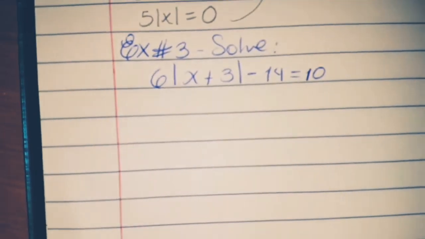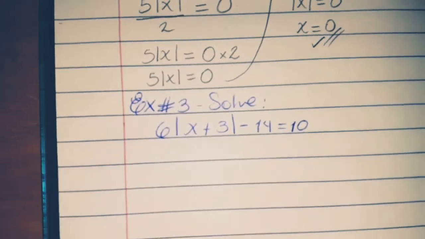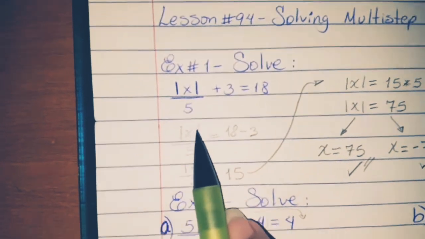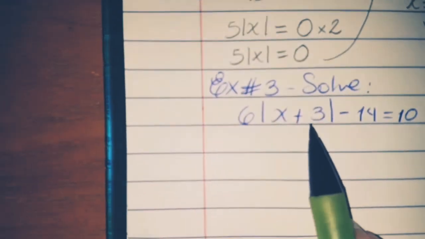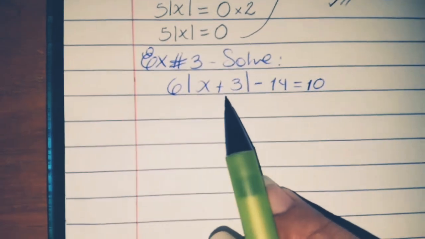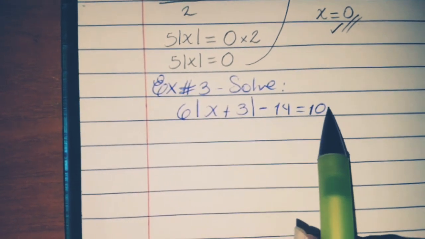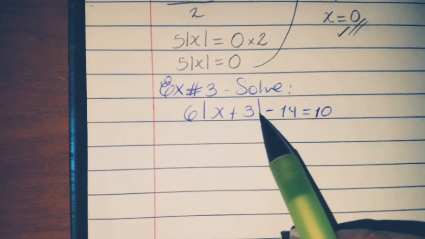Let's see the last example. In this example, we have an operation inside of the absolute value. Notice in the previous examples, x was alone, x was alone, x was alone, and now x has an operation with it. So let's see how it works. I'm going to bring the 14 to this side of the equation with inverse operation. So I'm going to bring it adding.